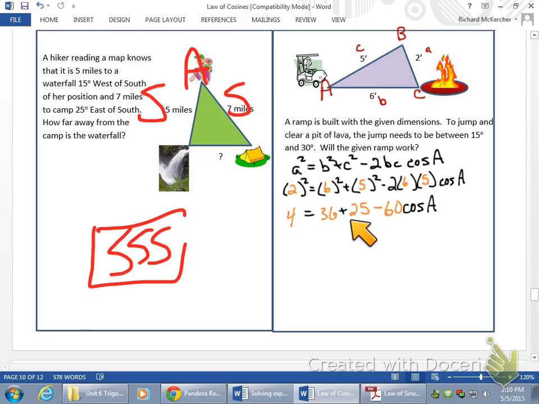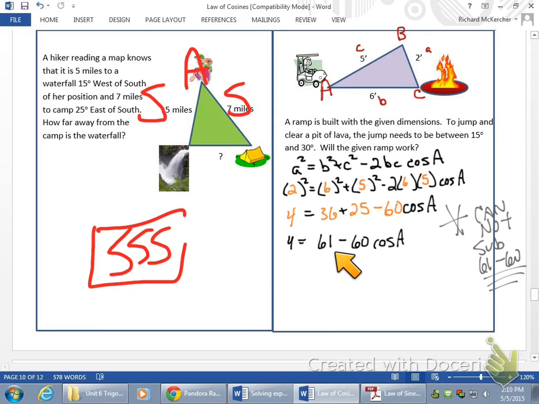I can add the 36 and 25. And then this becomes very important. 61 and 60 cosine A are not like terms. And you are not allowed to subtract those. Probably the number one mistake that happens with the law of cosines. You cannot put those two together right there.